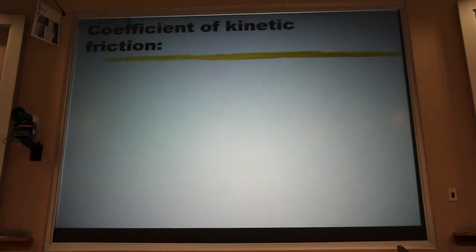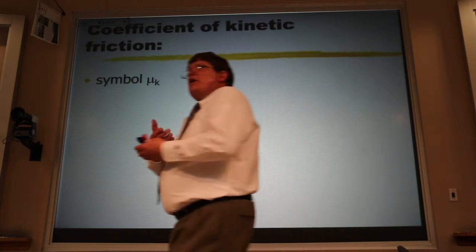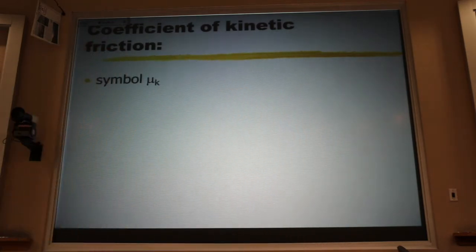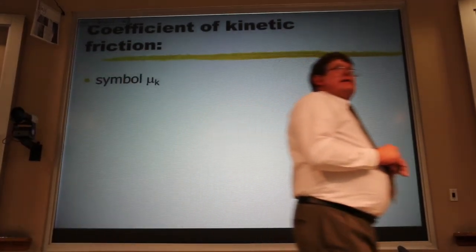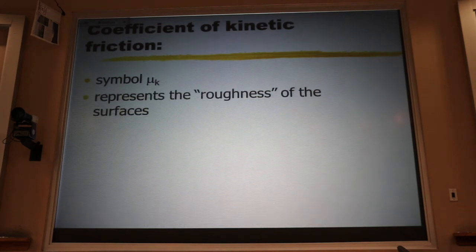So that gives me a feeling of what this coefficient is. It's a measure of how rough the 2 surfaces are, how much the nooks and crannies are grabbing on each other. Now we use the symbol mu sub k to indicate it's for the kinetic friction. That suggests that we're going to encounter a mu sub s on Friday. It represents the roughness of the surfaces.